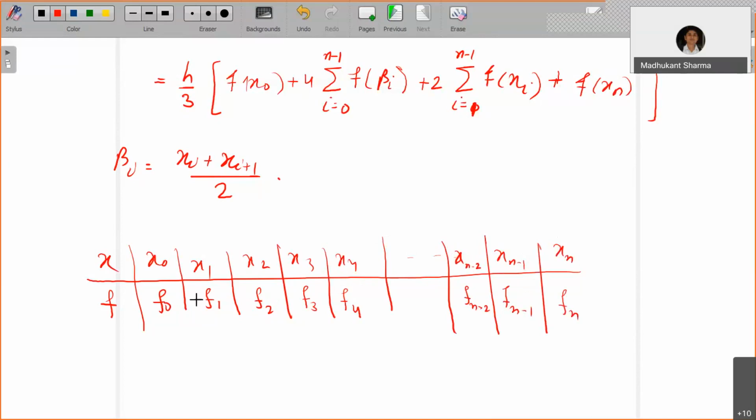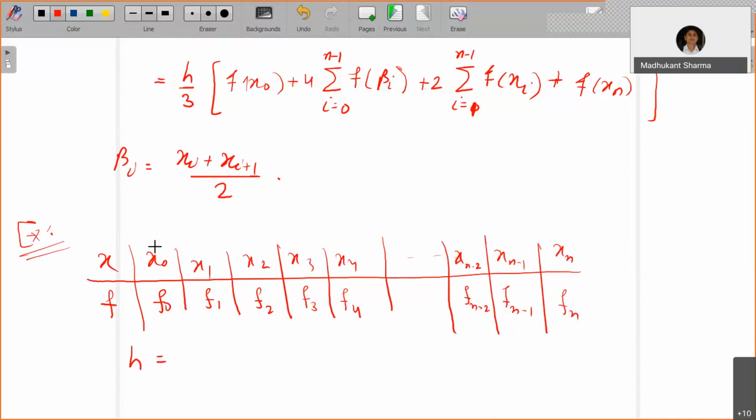So when you want to use Simpson's rule directly for the table, what will be the formula here? First thing is h to decide.